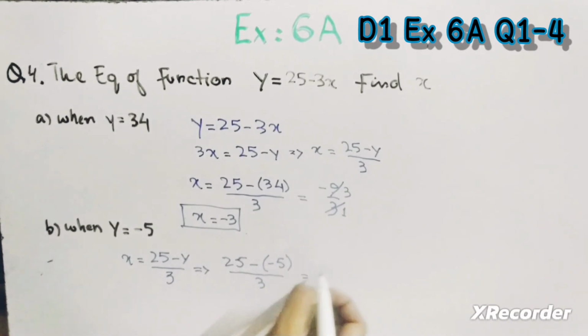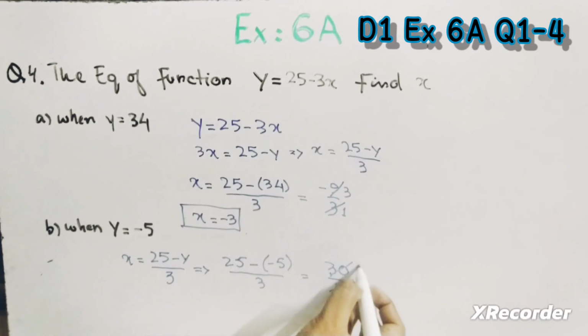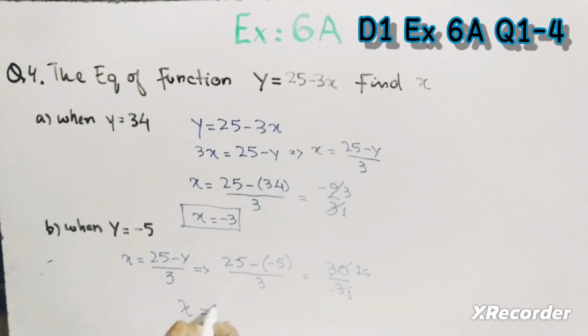So we get 30 upon 3. 3 times 1 is 3. 3 times 10 is 30. So our x will become 10. And that is our required answer.